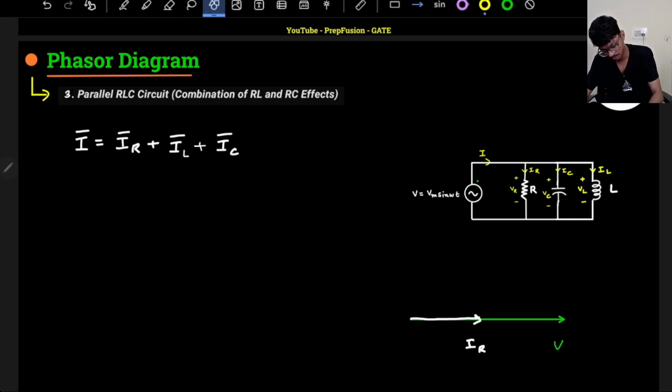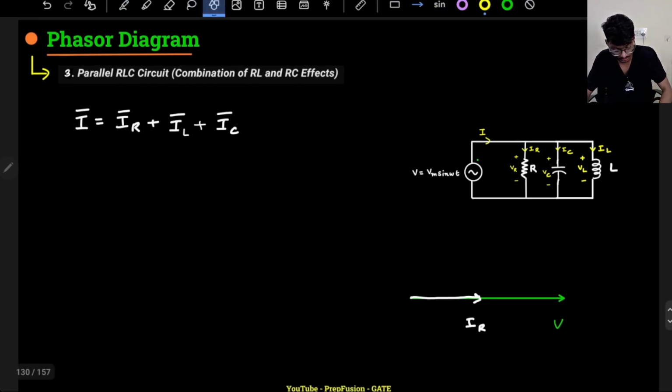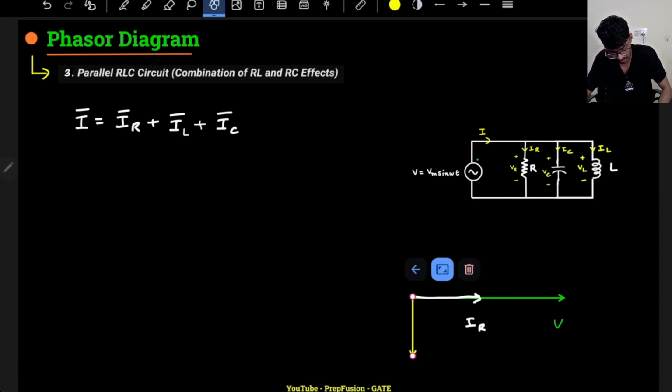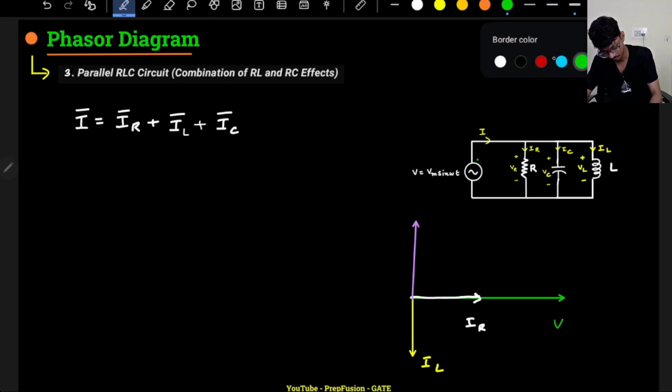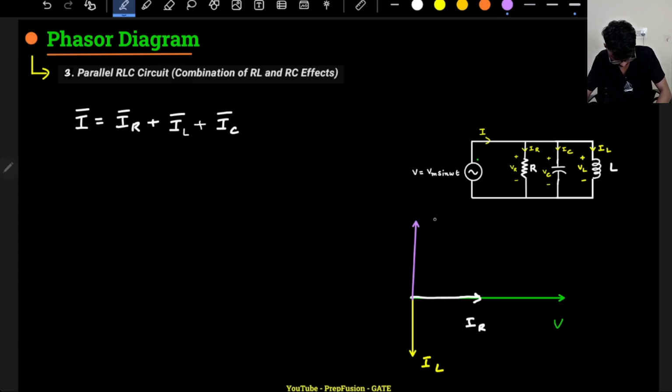The current of the inductor will be 90 degrees lagging with respect to the voltage, and the current across the capacitor will be 90 degrees leading with respect to the voltage.